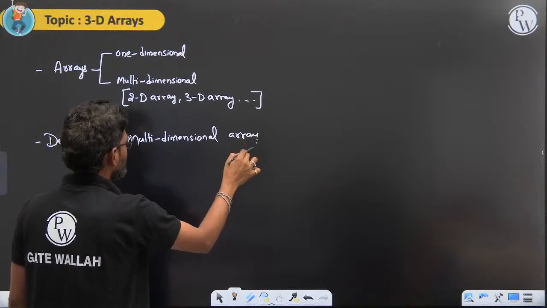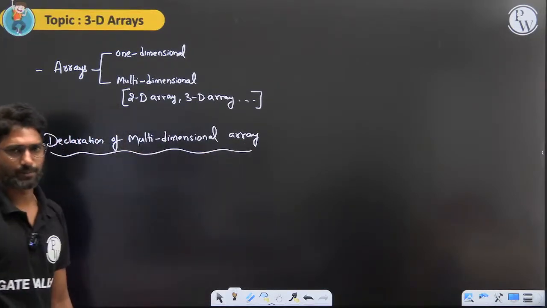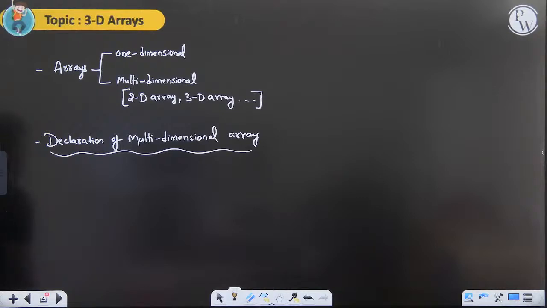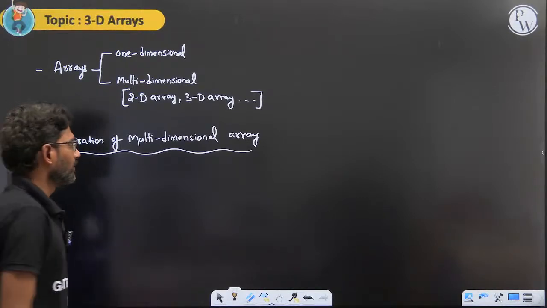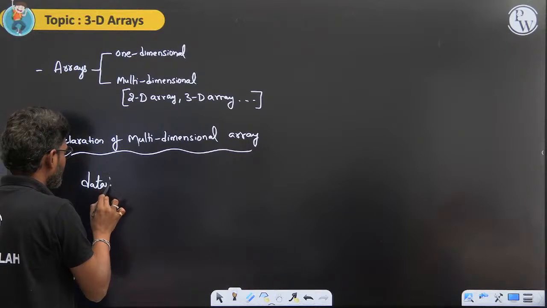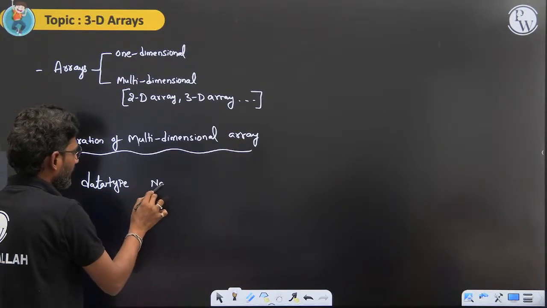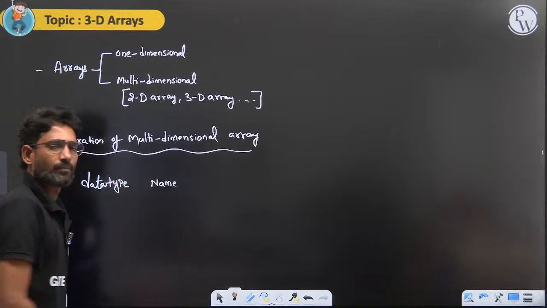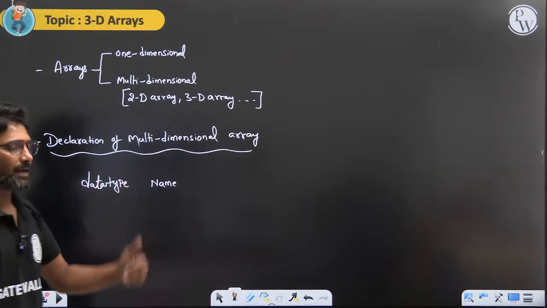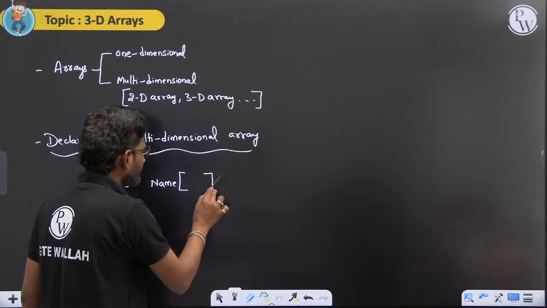So first let us see the generic format, means the general syntax. Definitely we will be writing the data type of that array, followed by the array name, followed by the number of subscripts.